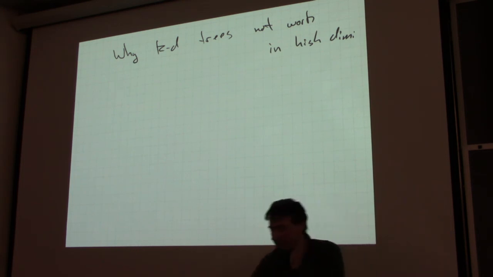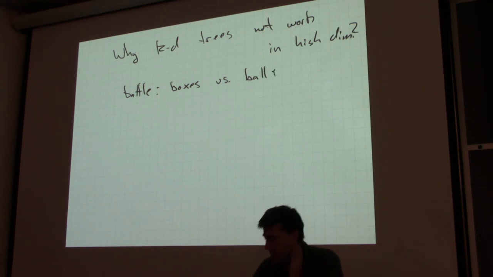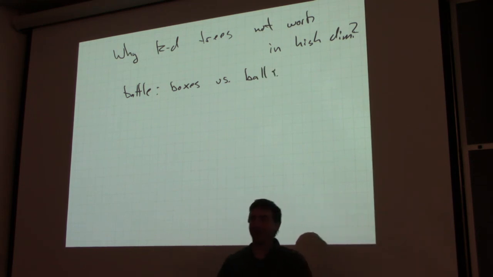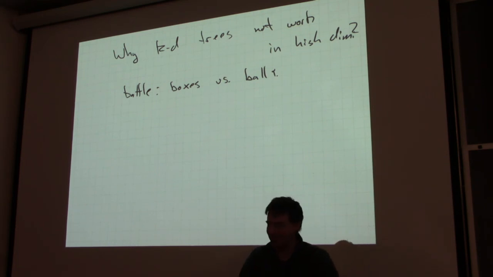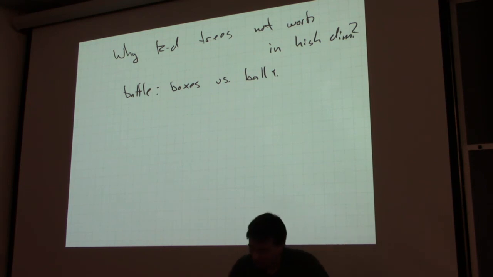It has to do with this eternal battle between boxes versus balls. I don't know if you knew there was this big battle going on in high-dimensional geometry, but it's a battle that people were always facing when designing algorithms for it.